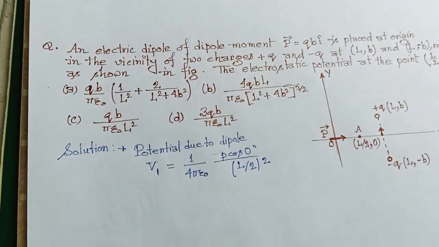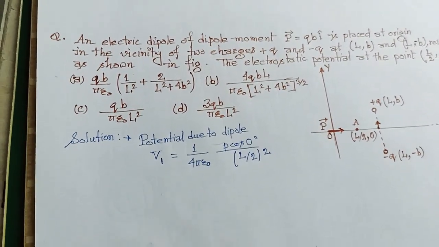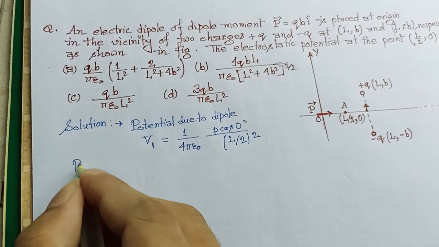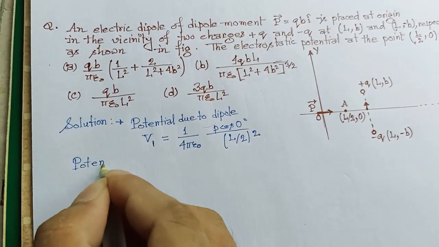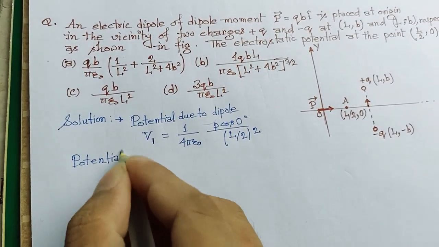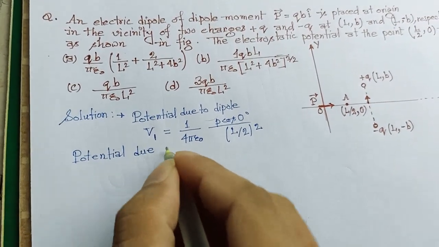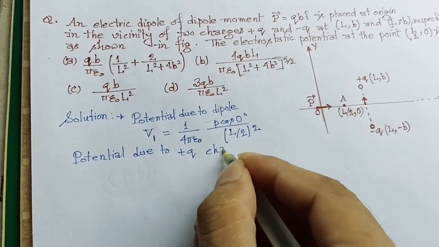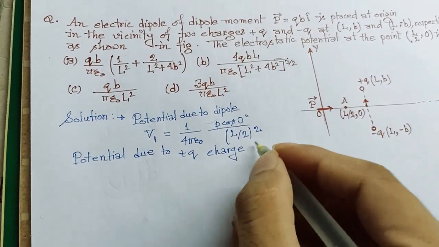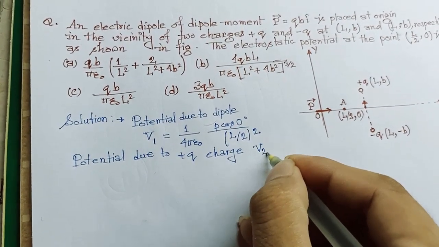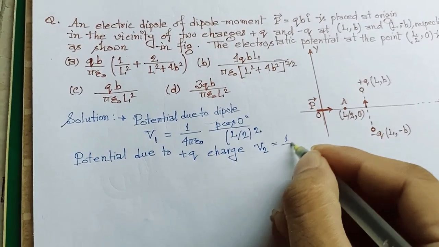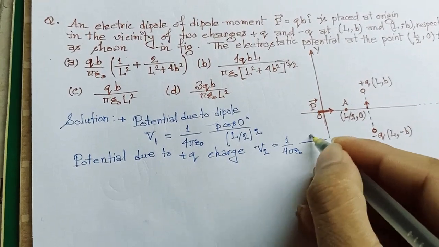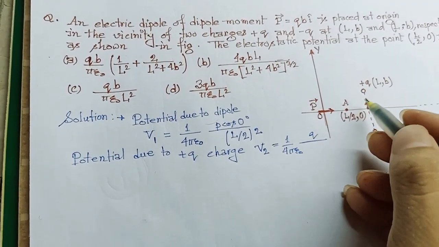Now we consider the potential due to the plus q charge. The potential due to the plus q charge is V2, which is equal to 1 divided by 4 pi epsilon naught into q divided by this distance.